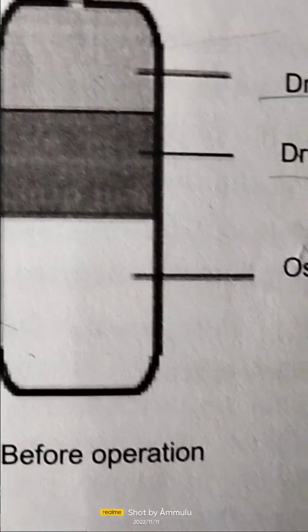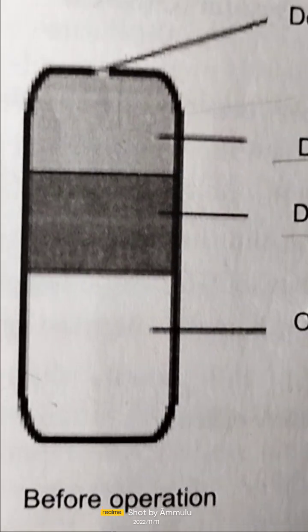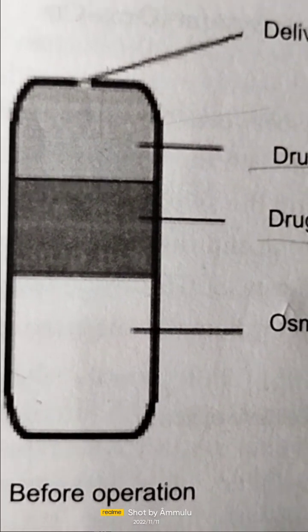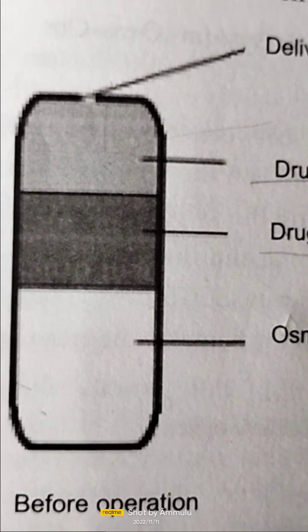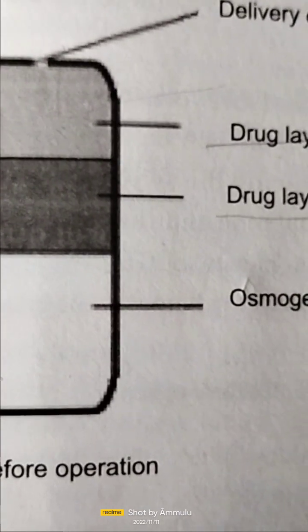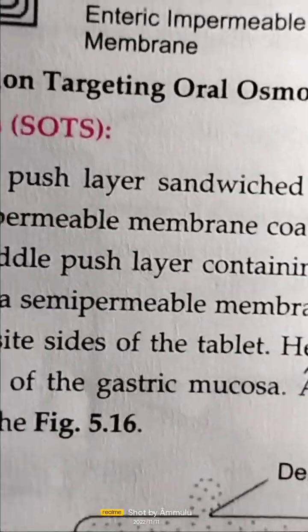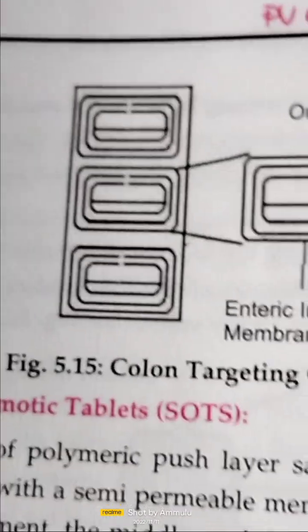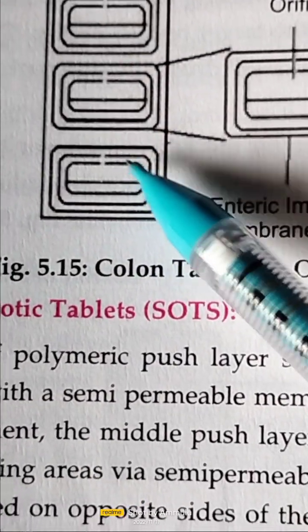At the same time, a flowable gel is formed in the drug compartment, which is pushed out of the orifice at a rate precisely controlled by the water transported across the semi-permeable membrane. This is the colon targeted oral osmotic system.